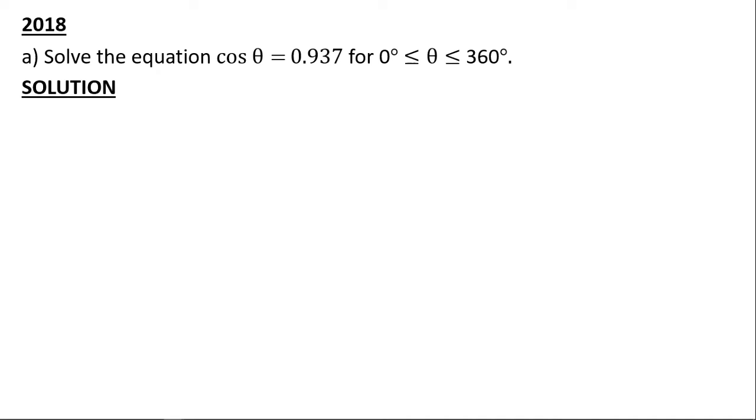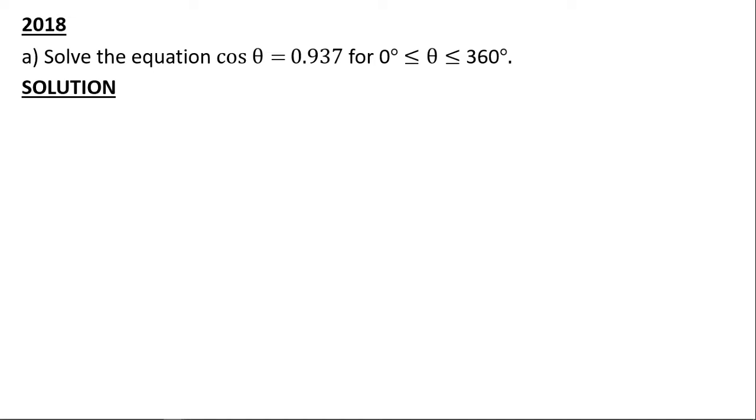2018. Solve the equation cos theta equals 0.937 for 0 degrees less than or equal to theta less than or equal to 360 degrees. Since we have 0 degrees less than or equal to theta less than or equal to 360 degrees, it means we have to find two angles for cos theta.